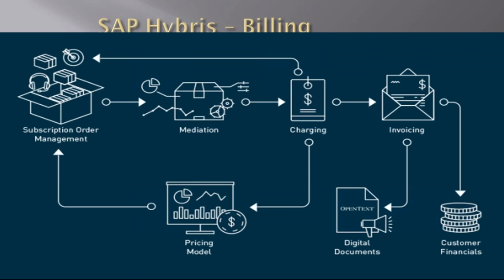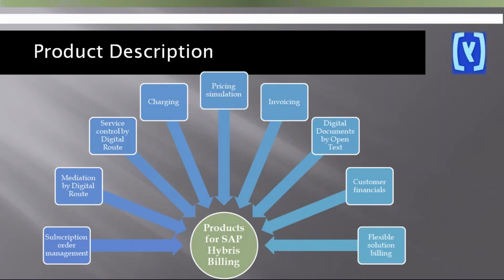So these are the list of applications we need to implement a complete end-to-end SAP Hybris Commerce billing project. We have dedicated sessions, more than 17 to 18 sessions, that we will discuss about the billing concept. This is about the product description per Hybris billing.